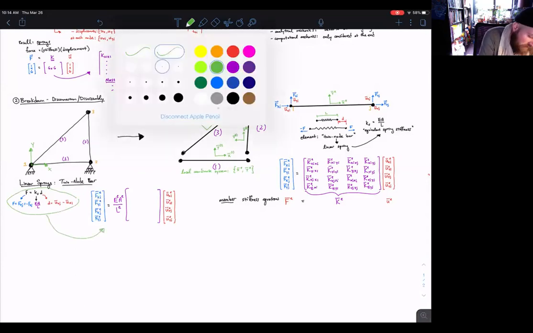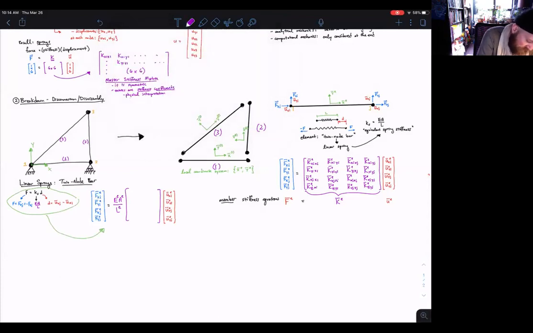means that the entries of our stiffness matrix for this member are simply 1, 0, -1, 0, 0, 0, 0, 0, -1, 0, 1, 0, 0, 0, 0, 0. If you haven't worked with matrix equations in a while, just do yourself a quick check to recall that what we're saying here is that there can be no forces in the Y. So for instance, these all have to be 0.